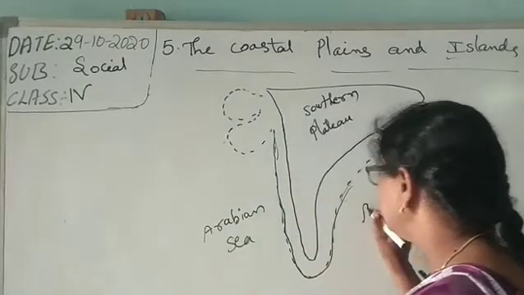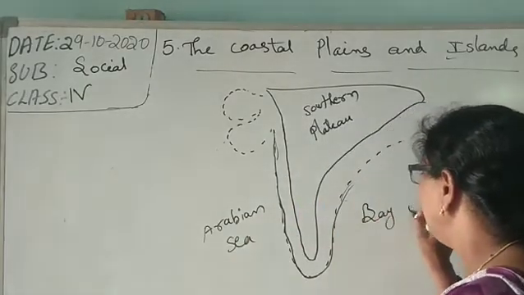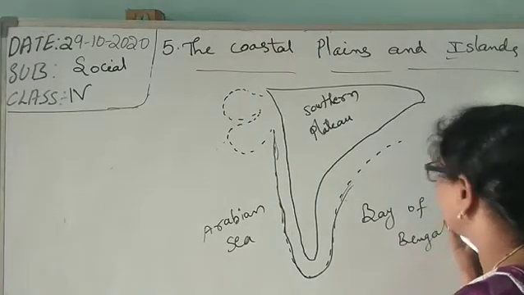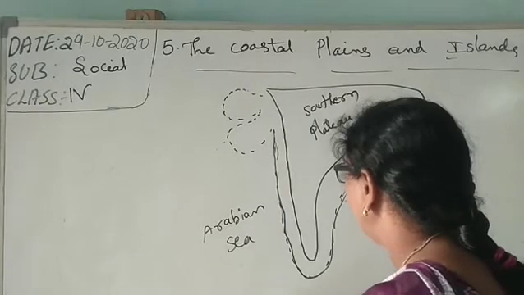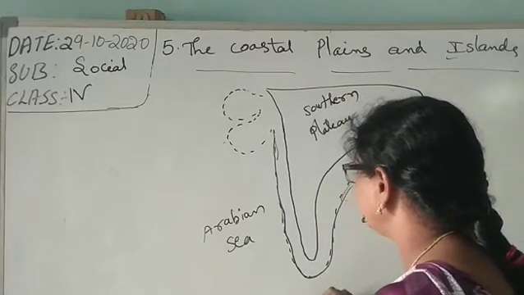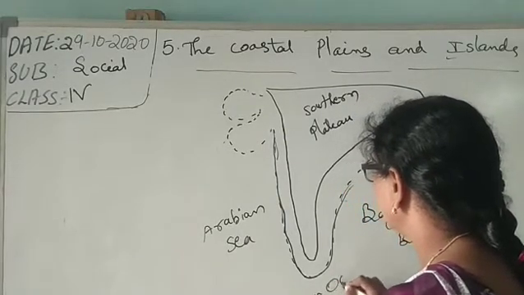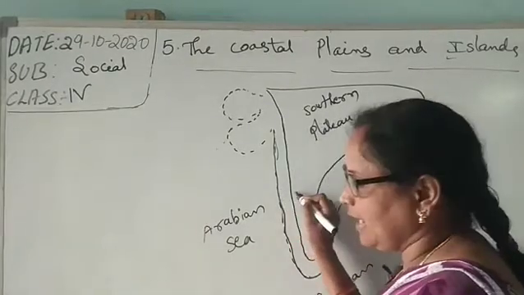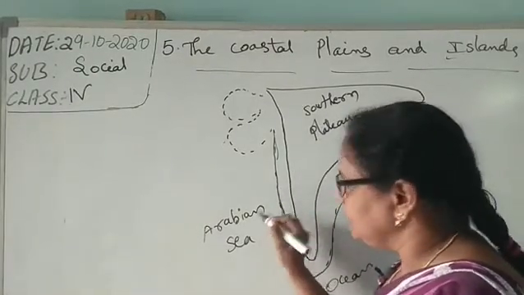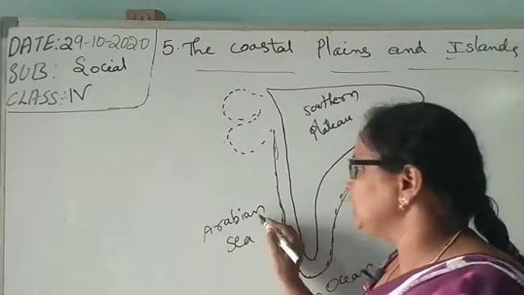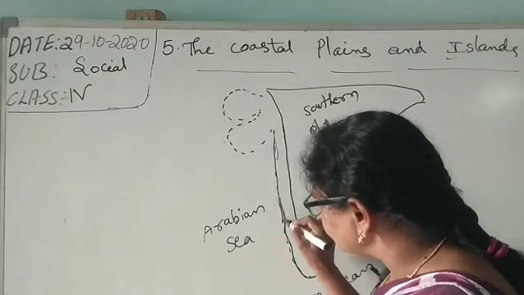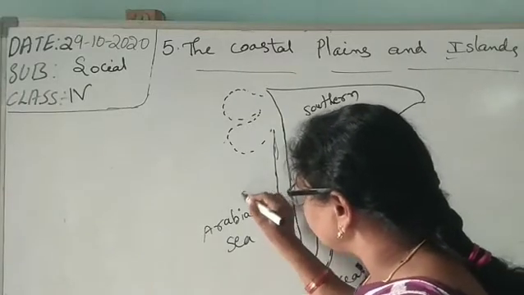And here it is the Bay of Bengal. And here it is the Indian Ocean. This is a coast. Here it is land. Outside of this, India has a water body. This is a coast.